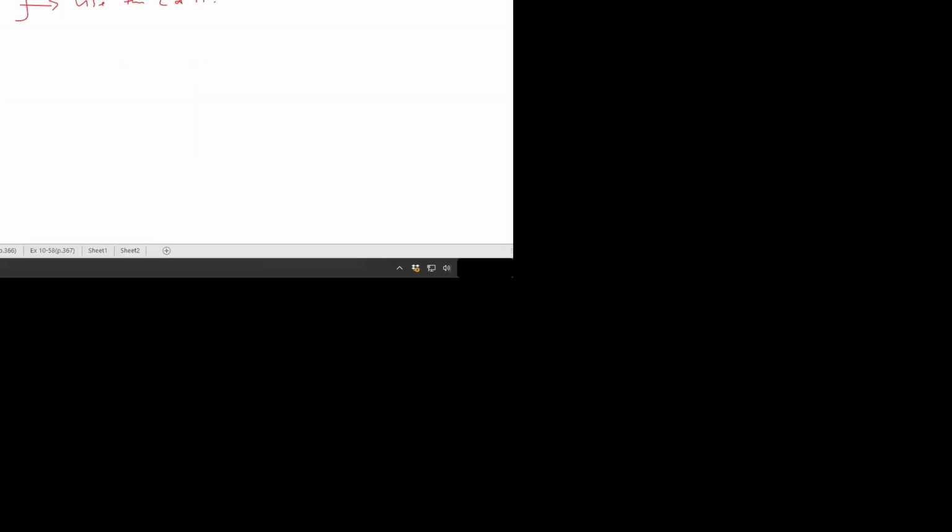So if we draw the distribution and determine where the rejection region is, here's the hypothesized average of 10, and this is a left tail test. Therefore, the area of rejection is on the left side of this distribution.